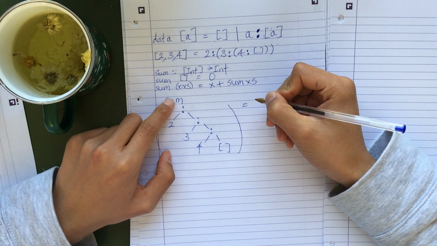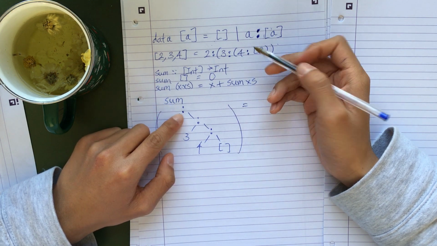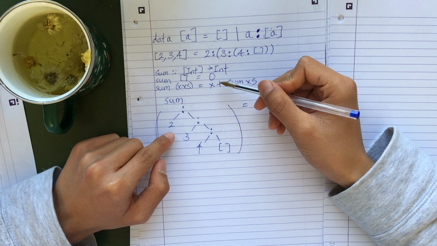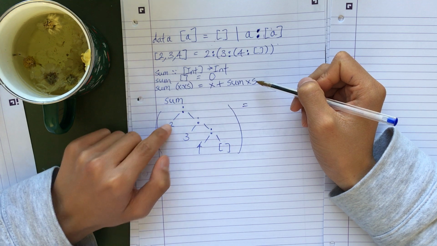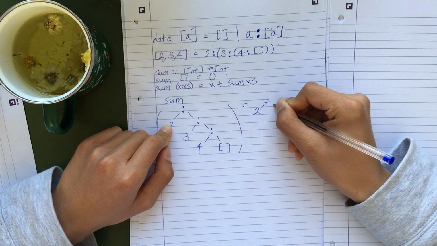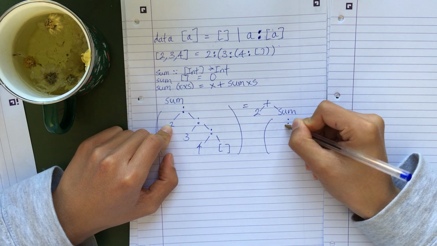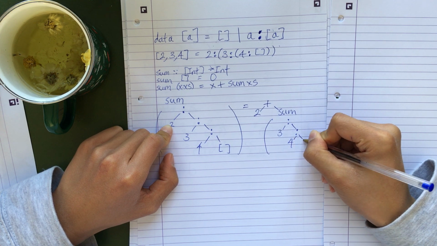Okay, so our sum onion peeling function is going to look at the first layer and go, oh, it's a cons. Let's do x plus the sum of the rest of the list. Well, the x here is 2. So we're going to do 2 plus the sum of 3 cons 4 cons empty.